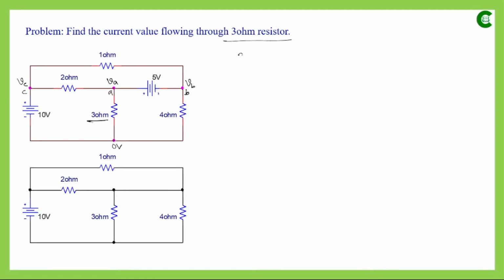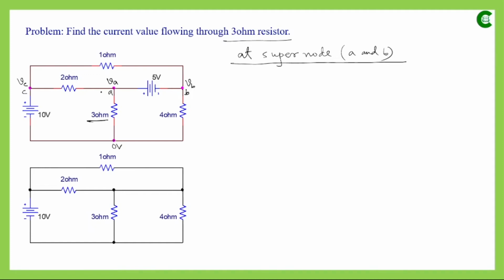So if we apply KCL at node A, or rather at the supernode between A and B, we can see that at this node the two connected branches are this branch and this branch, and at this node the connected branches are this branch and this branch, and we will ignore this voltage source in this case.